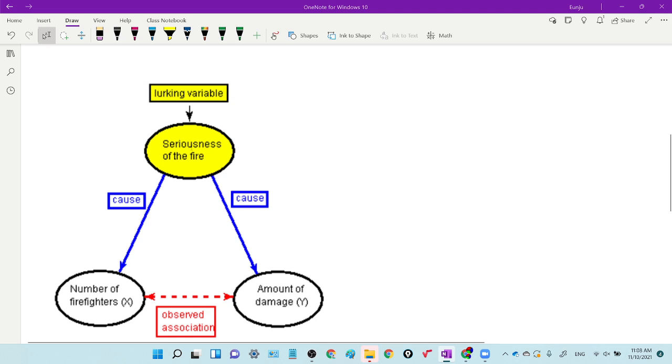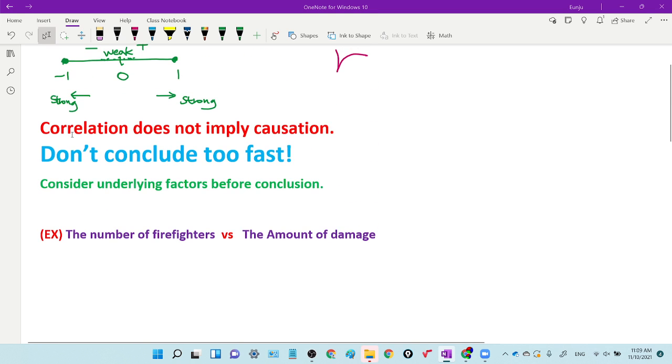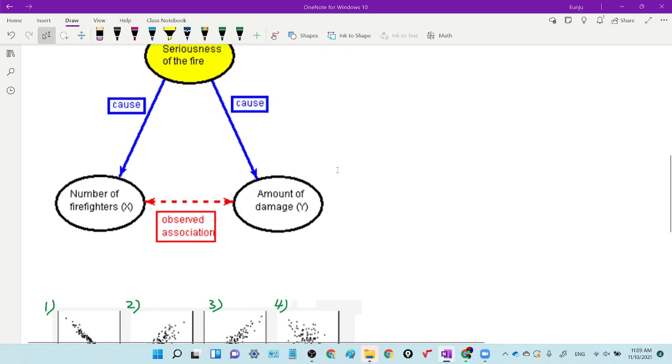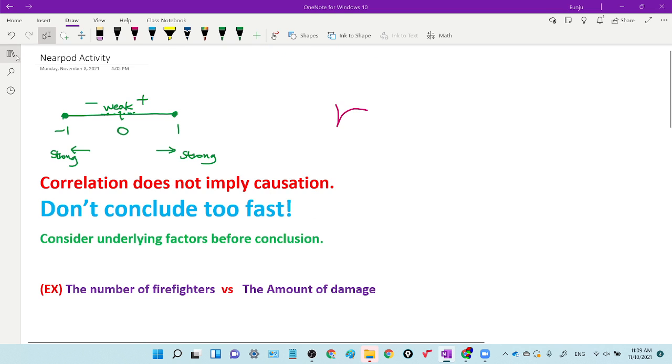Because of that fire incident, we have more firefighters. Because of that fire, we have more damage in the world, okay? Does it make sense? So the big thing is correlation doesn't mean always causation. That is the thing, okay? That was in the study guide on GMAS. And I'm going to use this problem for the activity today, okay?